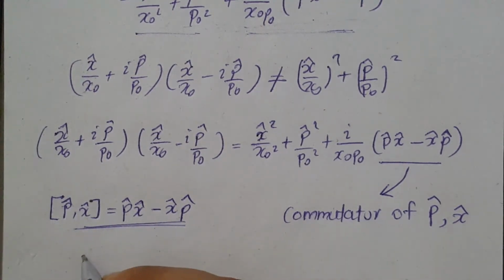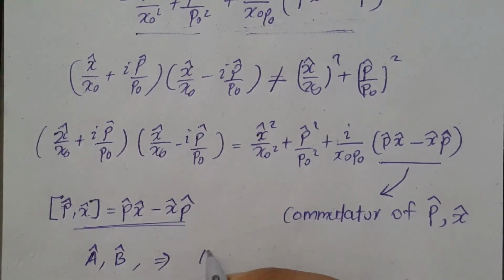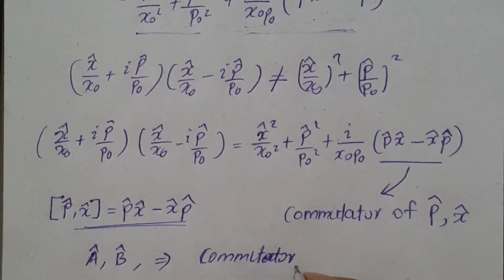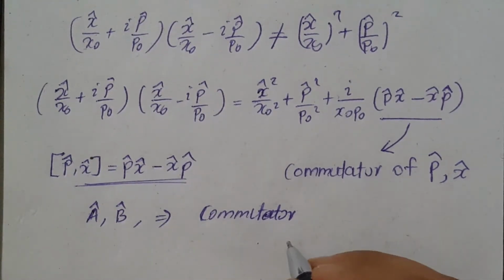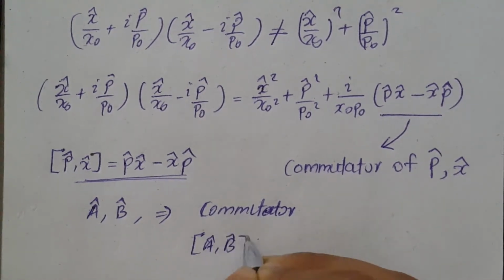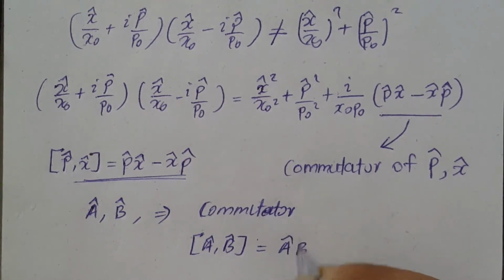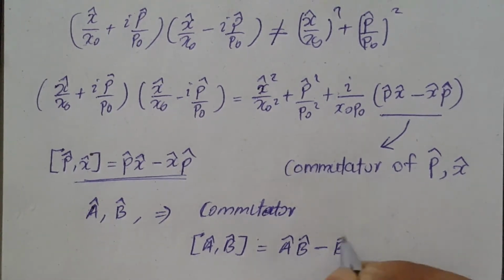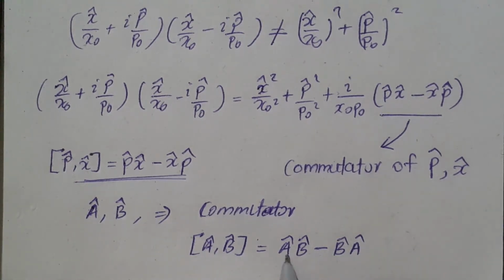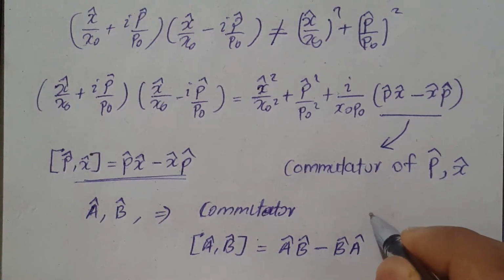Generally, suppose you have two operators a cap and b cap. The commutator between a and b is defined as [a cap, b cap] = a cap b cap minus b cap a cap. Now suppose a cap b cap is equal to b cap a cap, which means the order doesn't matter.